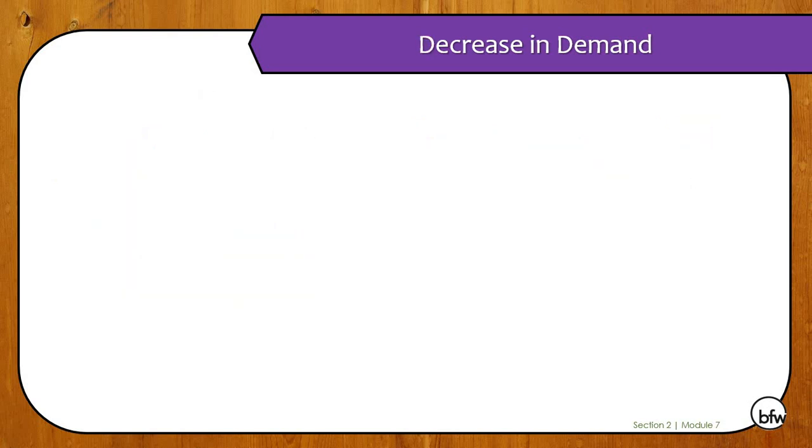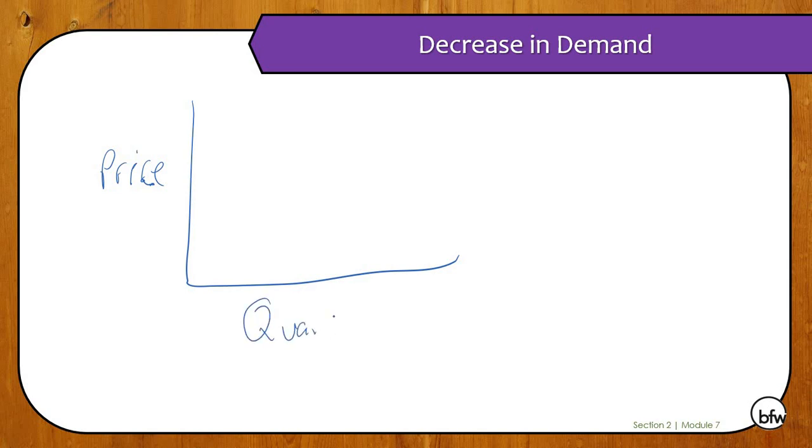All right, now if demand decreases, we're going to go ahead and draw that. That's close, we'll go with it. There we go, price and quantity. Our supply and our demand.